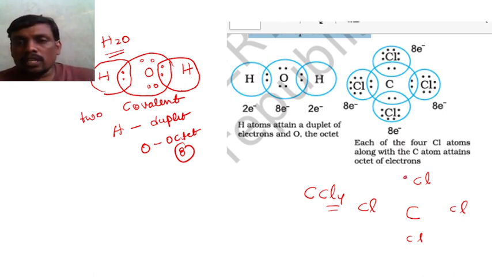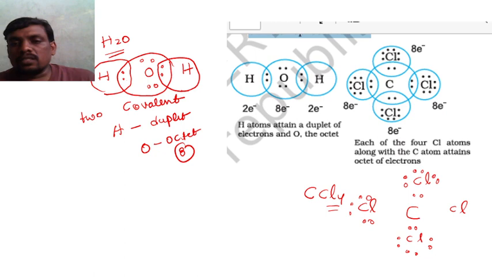And as you know, you can mention the number of electrons in the form of Lewis dots, and I am mentioning the valence electrons for chlorine here.